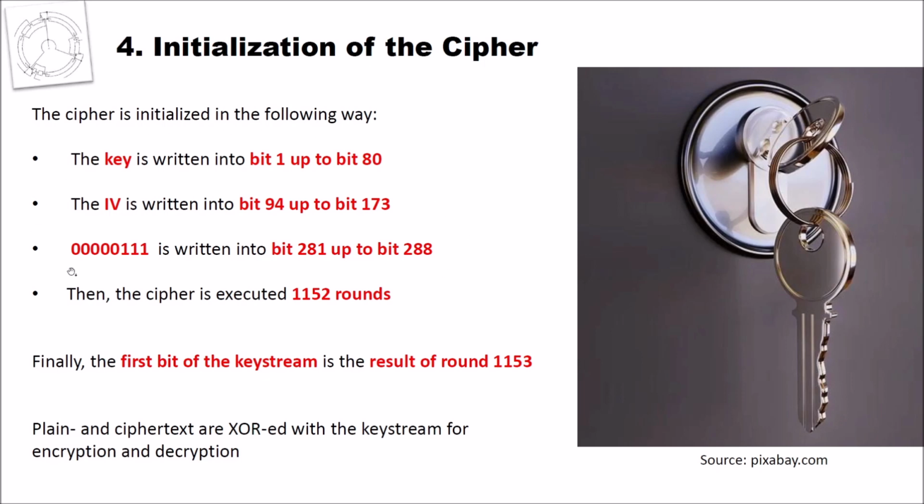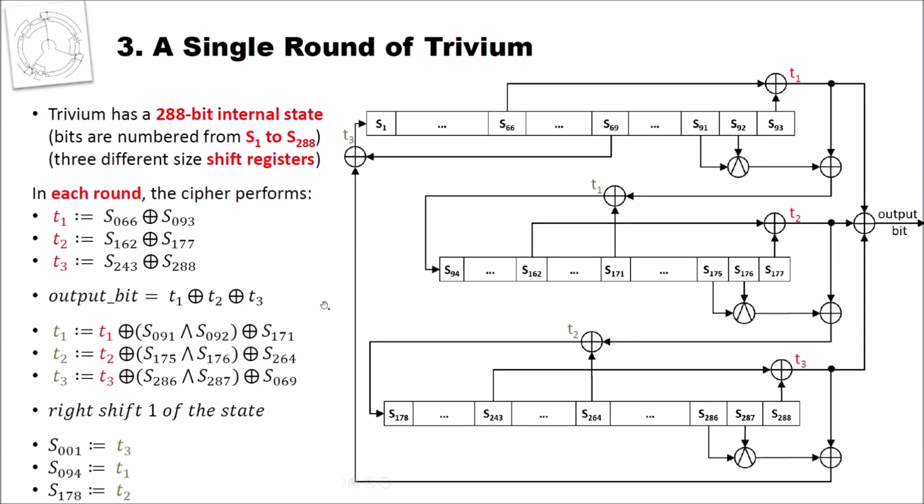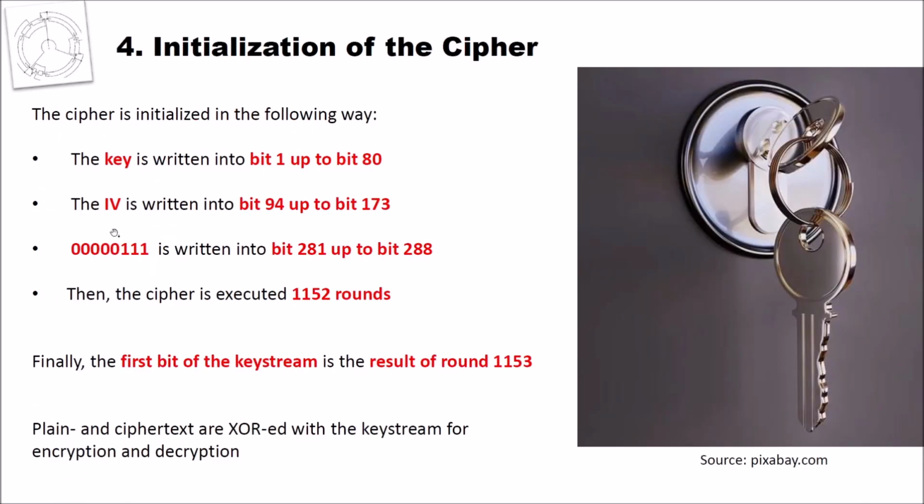After we have written all these values into the shift registers, the cipher is executed exactly 1152 rounds. So we perform 1152 times this round of Trivium. And then finally, the first bit of the key stream that we actually use for encryption is the result of round 1153.